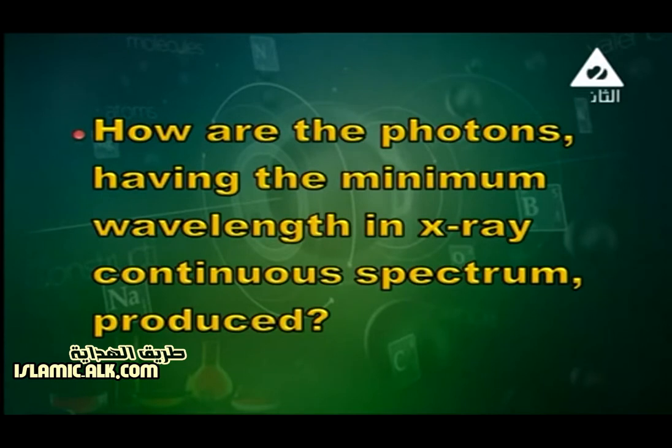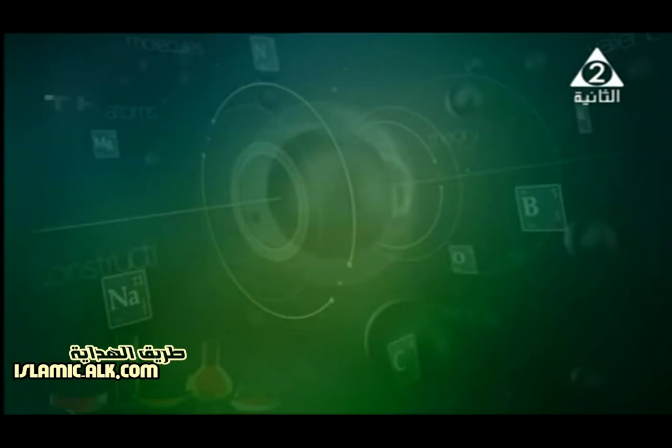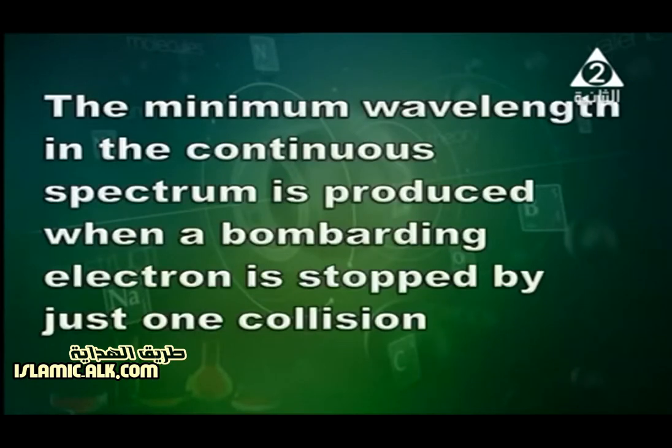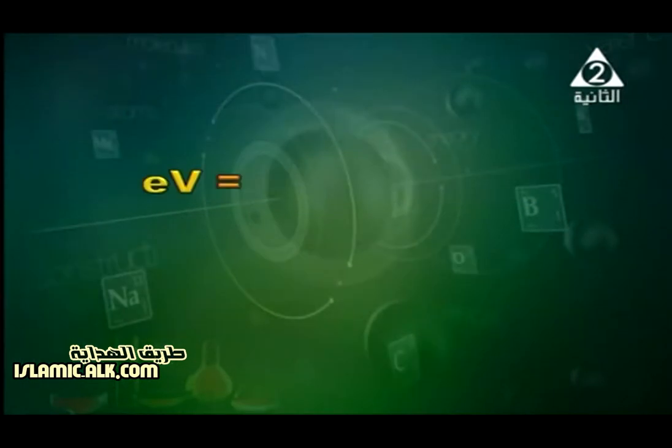And how are the photons having the minimum wavelength in the X-ray continuous spectrum produced? The minimum wavelength in the continuous spectrum is produced when a bombarding electron is stopped by just one collision, and all its energy is converted into a photon.